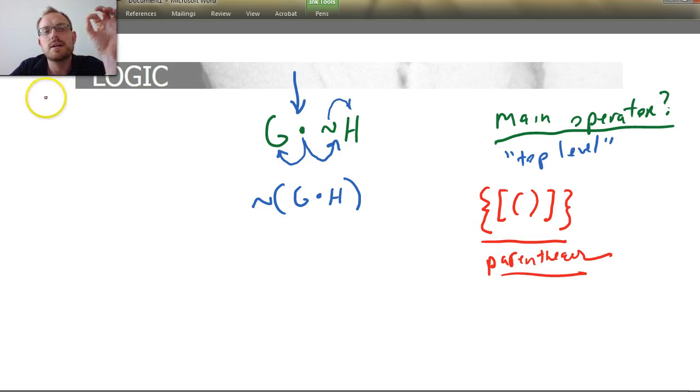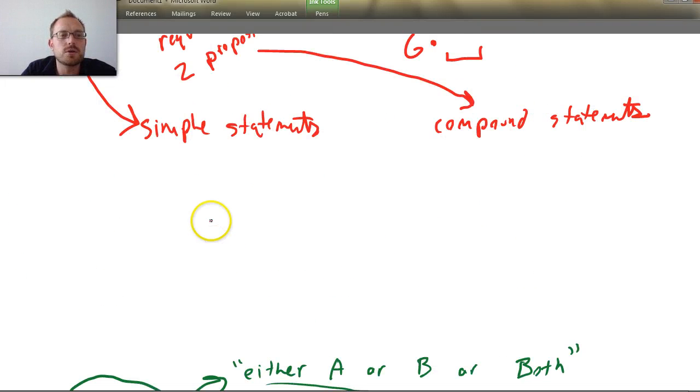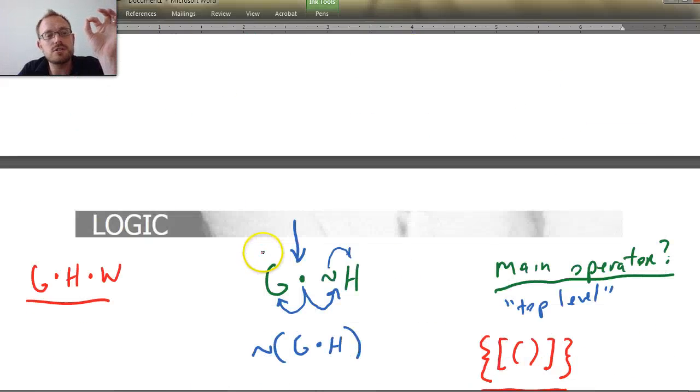Well, remember, all of our operators that create compounds always require two things, right? So let's imagine, for instance, if I put G and H and W, right? This is actually very bad, but what's the problem with this? The problem with this statement is that the operators, and this is a feature of categorical logic, always require two propositions, and I really should have said they require two and only two propositions, so there's an issue here, right?